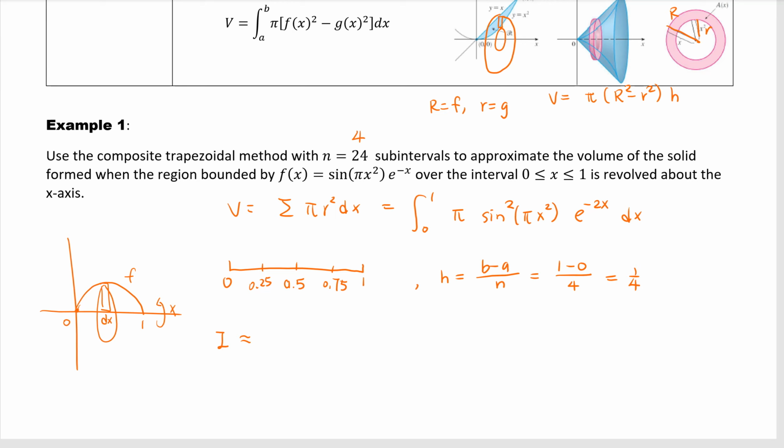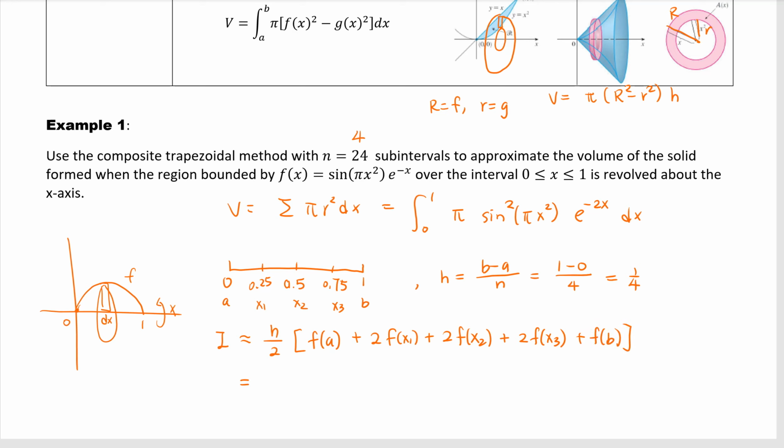The trapezoid rule is h over 2 times f of a. Here this is a, this is b, and these are x1, x2, x3. Let me write down the rule in general so you can remember: the first endpoint and the last endpoint, f of a and f of b, each have one copy, and the function values at the interior points x1, x2, x3 have 2 copies.